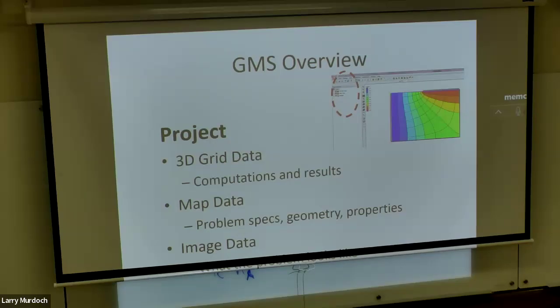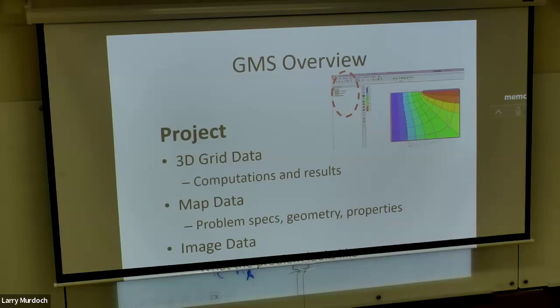The way this is going to be set up is that there'll be a Project Explorer over here, where you'll have the major components of the setup of the model. There'll be graphics here, where you can see the head contours and the streamlines.